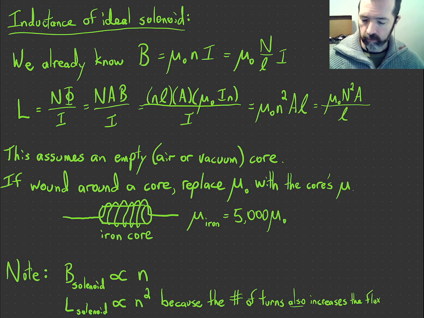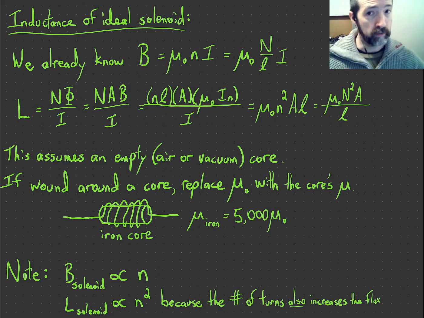And as I have in the note down at the bottom, I want to point out that although the magnetic field in a solenoid is proportional to n, the density of the turns, the inductance of a solenoid, the inductance L, is proportional to N squared instead. And that's because if you increase the number of turns, you're doing two different things.